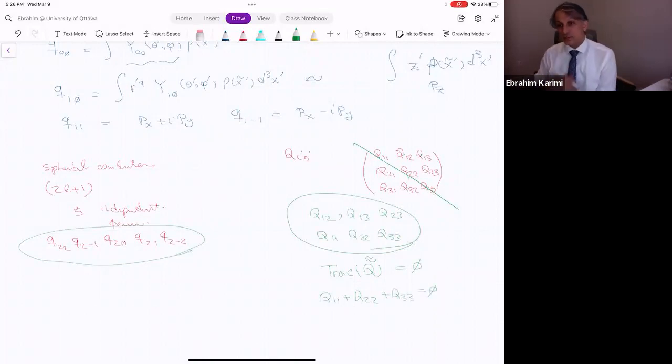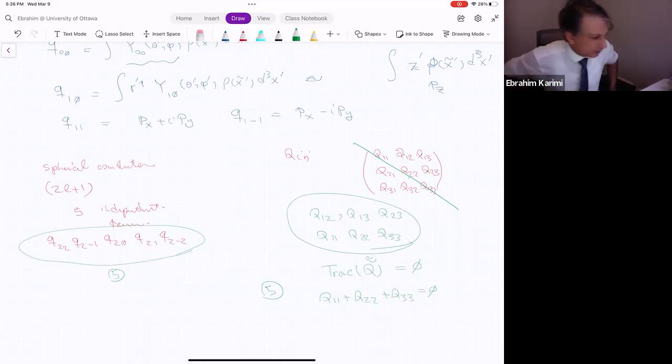So there is a relation between them which means one of them is not independent; it can be expanded in terms of the others. So again we end up with 5 independent terms for the quadrupole, identical to the 5 independent terms in spherical coordinates. All right? You can do the mathematics with Q11, Q22, Q33 and you will see that the trace is 0. So I will leave it here.